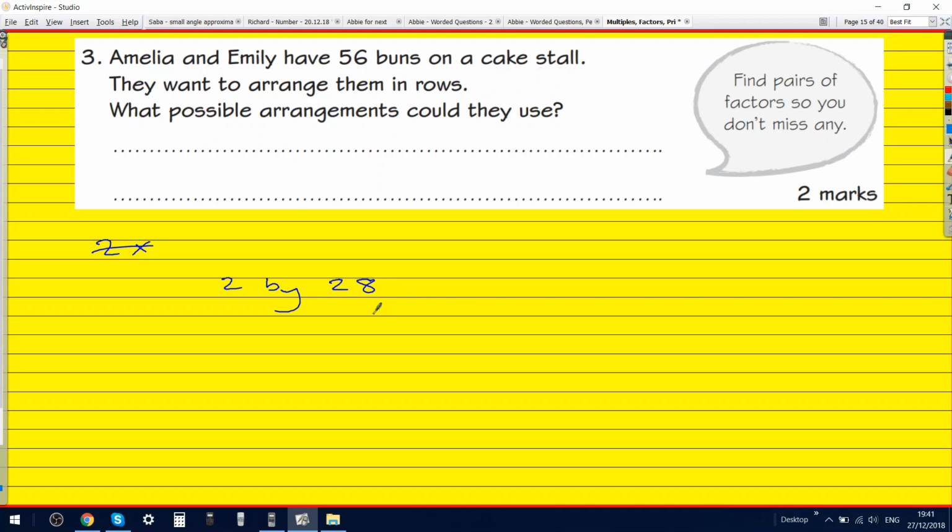Yeah. Okay. And then they can also arrange them in rows of 28, because that's basically the same thing. They can also arrange them in rows of, I think, 7 and 8.